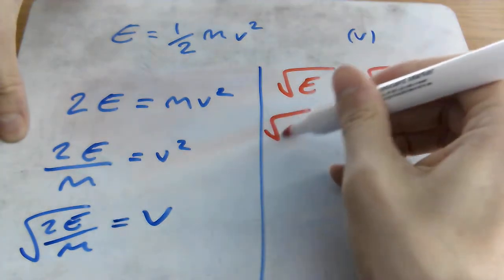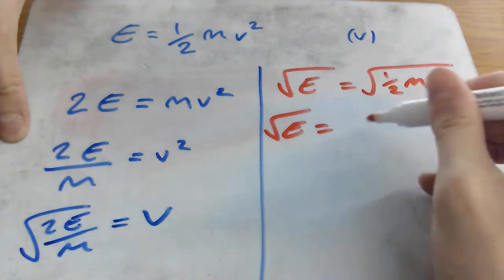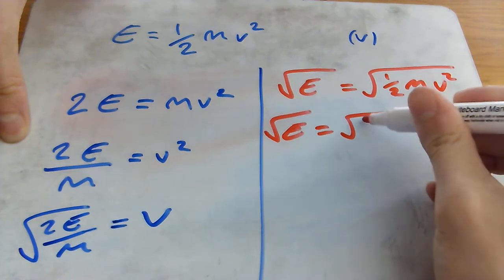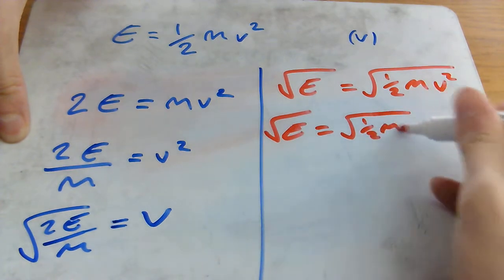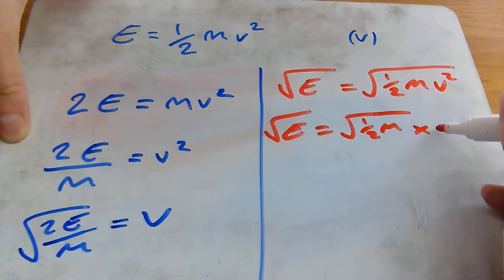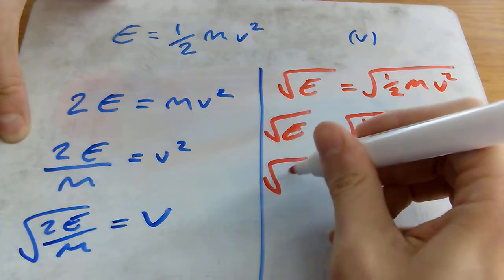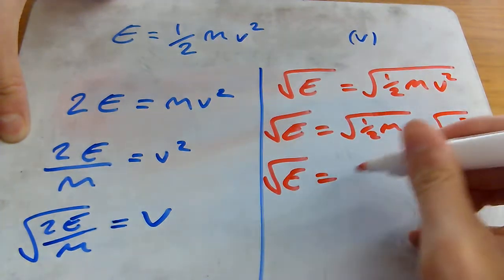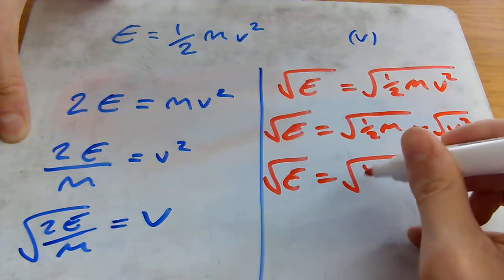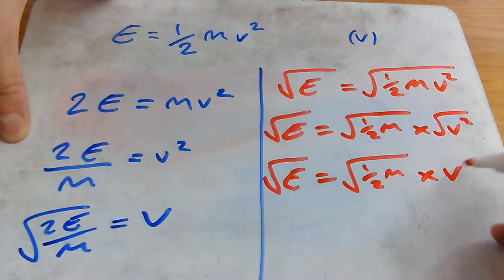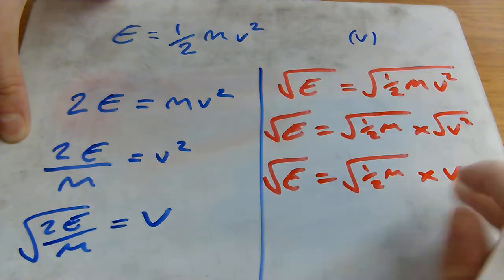So we'll leave that E square root on its own for now, but that means we can actually break up this into a half m, and then as a separate square root, the V squared. Well, that's quite good because you can do the square root of V squared, and this is going to be V. So actually it's worked out okay.